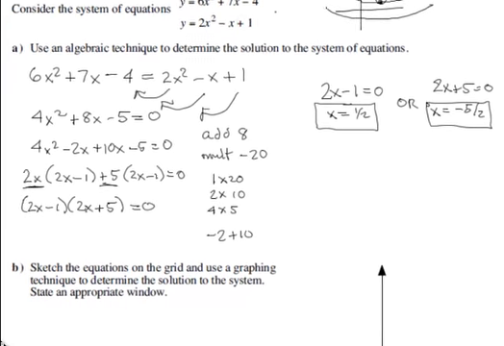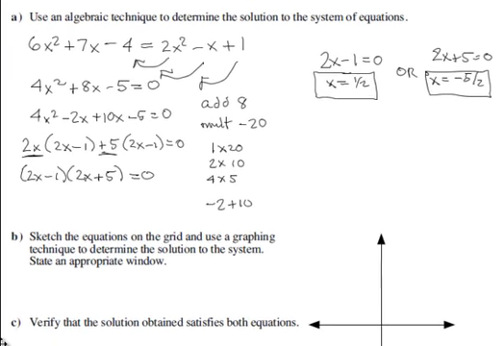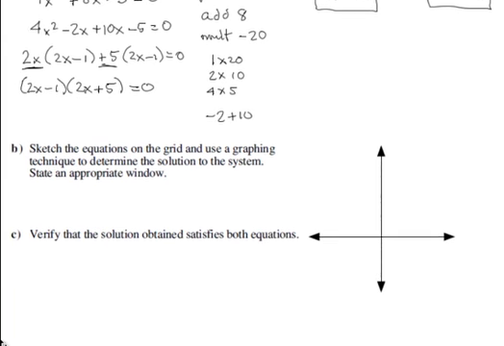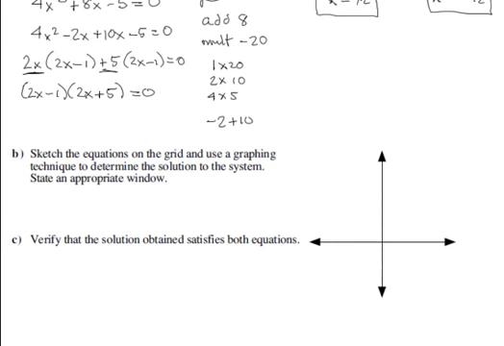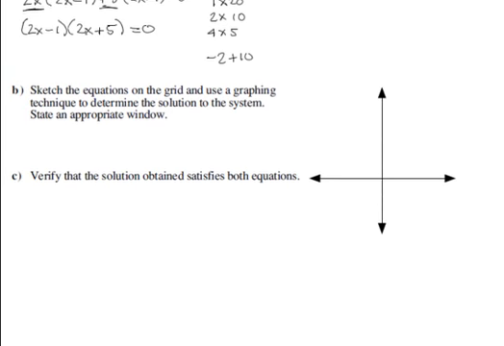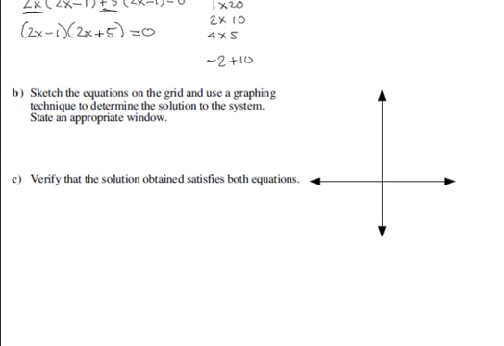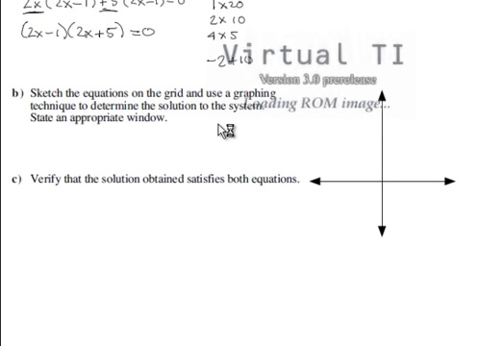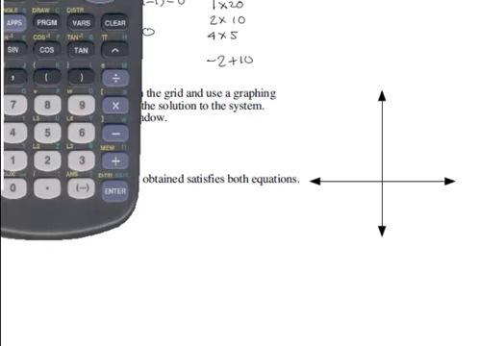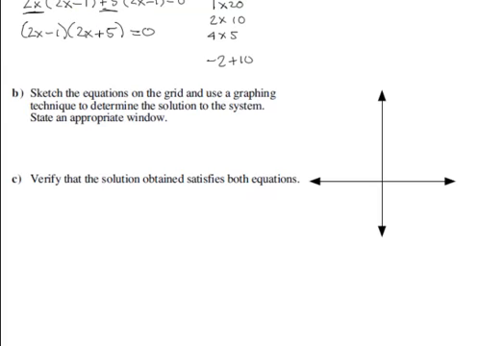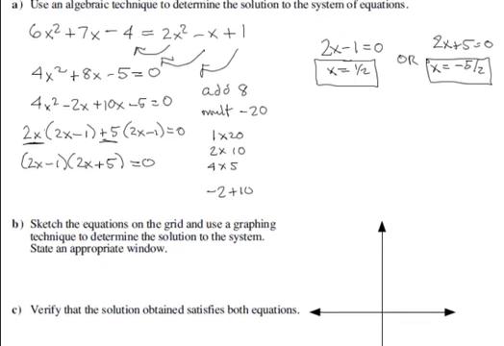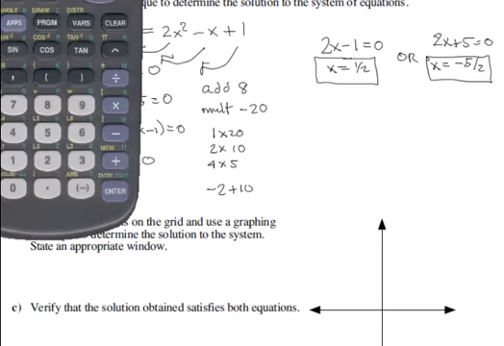Now, next they say, sketch the equations on the grid and use a graphing technique to determine the solution to the system. State an appropriate window. In other words, do it again with the calculator. And I'm sure they're interested to see if we get the same answer that way. So, here comes the calculator. Bring this up so we have a little bit more space.